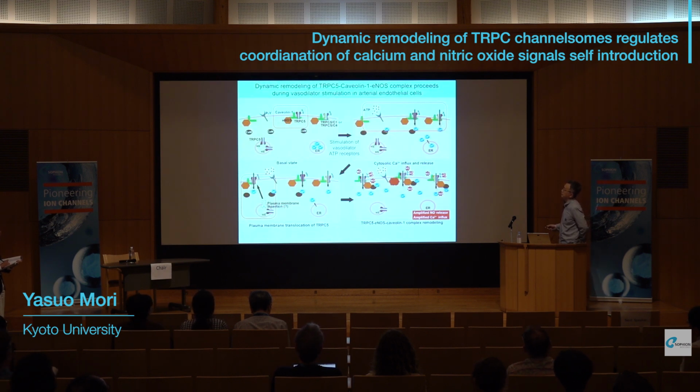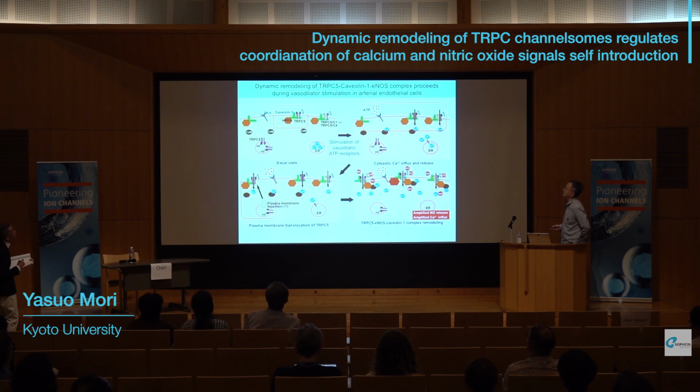So this is a final summary. Before stimulation, TRPC5 and eNOS form a ternary complex on Caveolin-1, but they're not interacting directly with each other. But upon receptor stimulation, of course, the calcium channel TRPC4/5 is activated to mediate calcium influx.